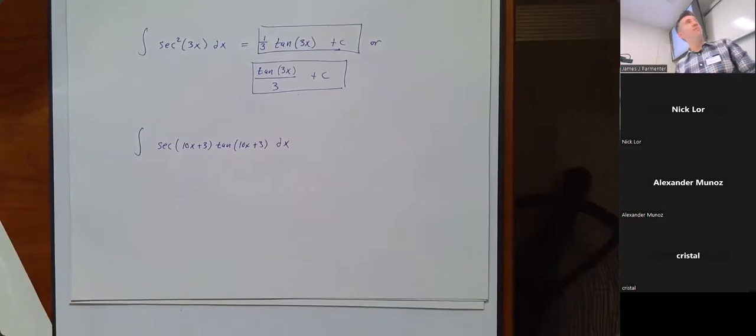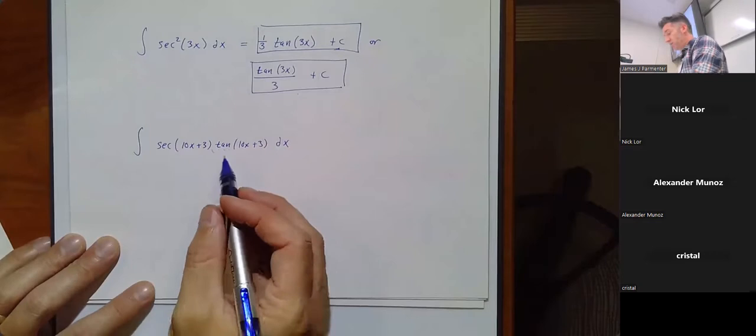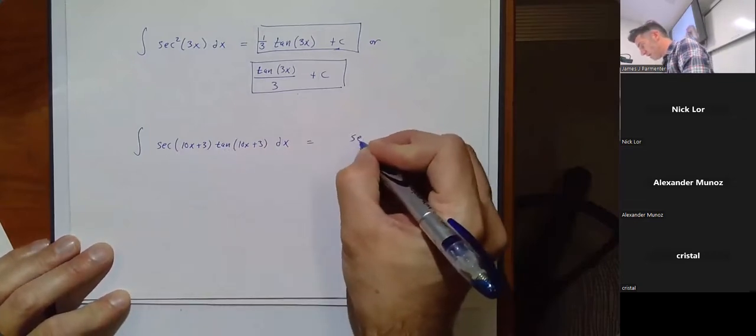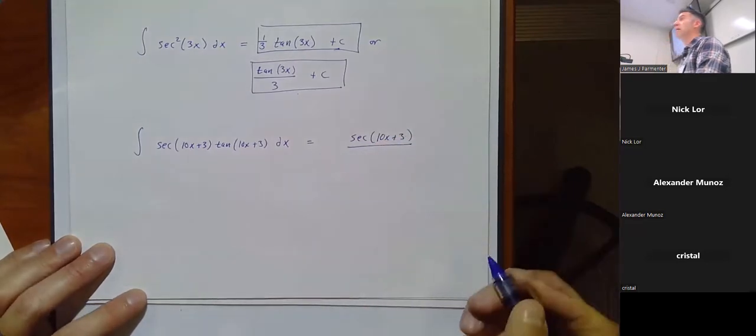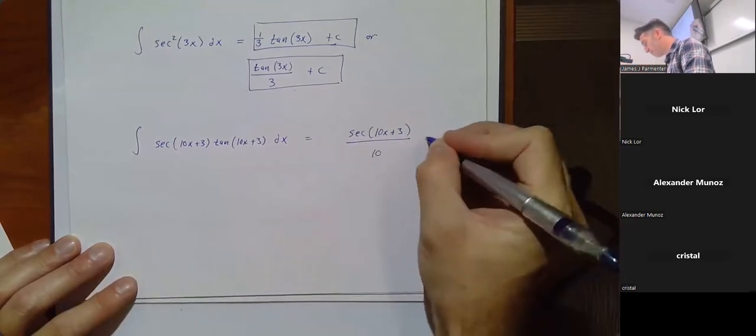This is definitely going to be, well, the integral of secant of x tangent of x is secant of x. So the antiderivative of secant of stuff times tangent of stuff is going to be secant of that stuff divided by 10.